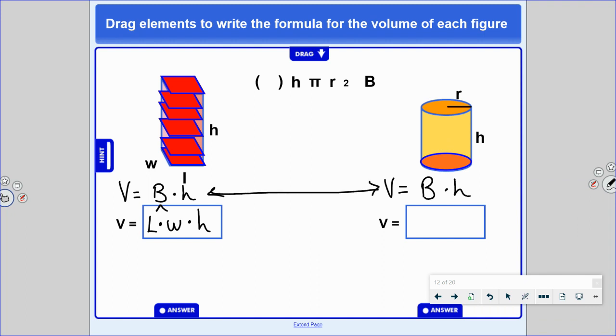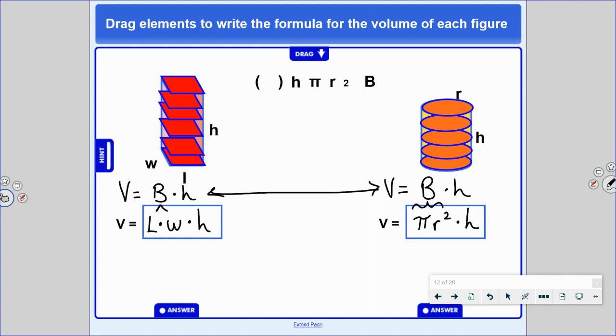If we were to find the area of that base and then start stacking it and stacking it and stacking it all the way to the top, you're still going to have that height. But in this case, the area of the base is not a square. It is not a rectangle. It is, you guessed it, a circle. And so we would find the area of that circle, pi radius squared, times its height.